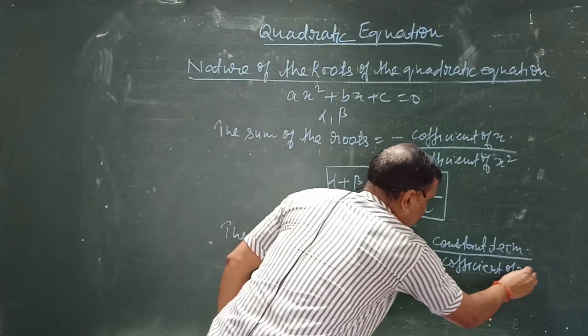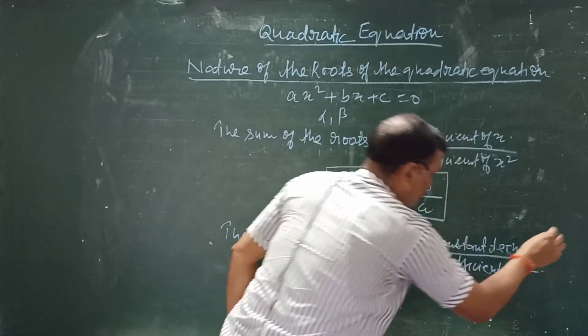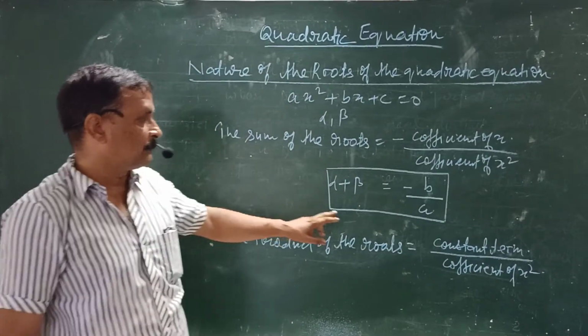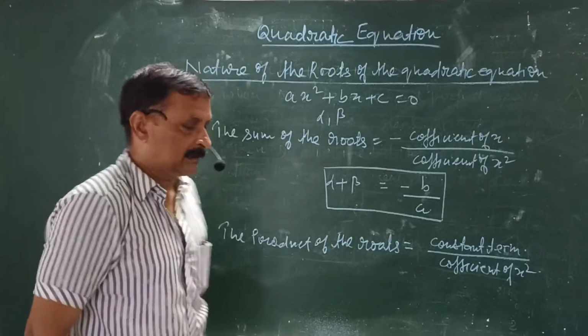Coefficient of x square. That is the formula for product of the roots. Product of the roots is equal to constant term upon coefficient of x square.